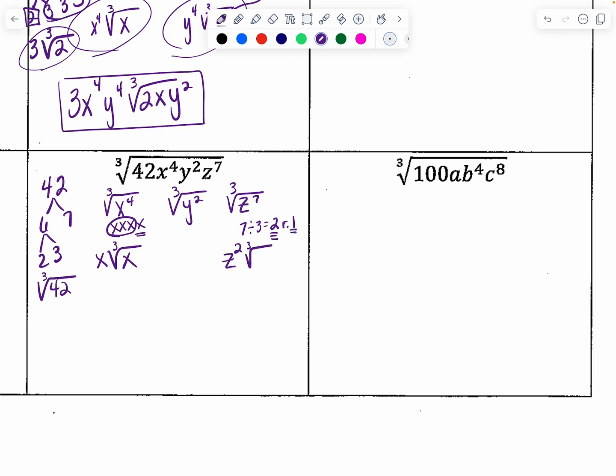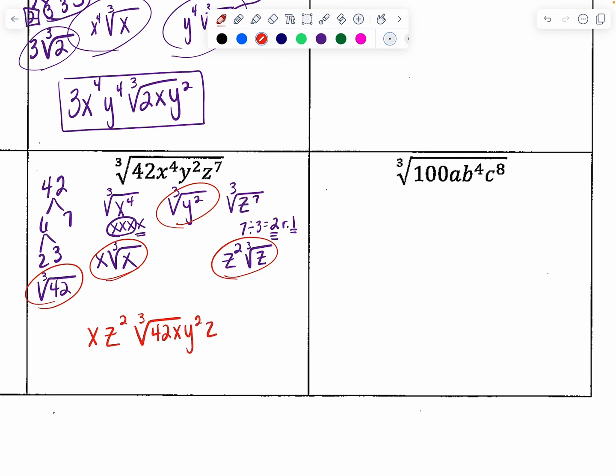This is the exponent on the inside. And now I take these pieces and I put them all together. So on the outside, I have x z squared cube root of 42 x y squared z. And there's your answer.